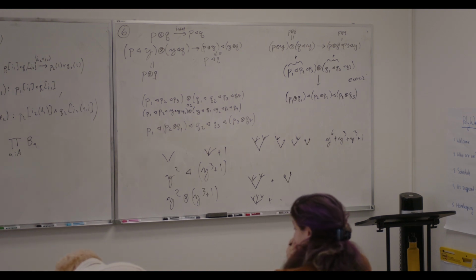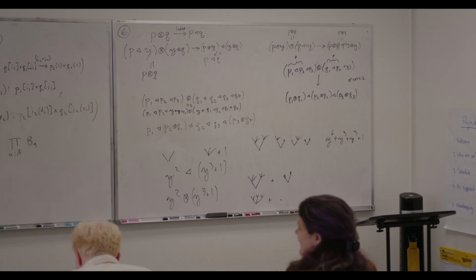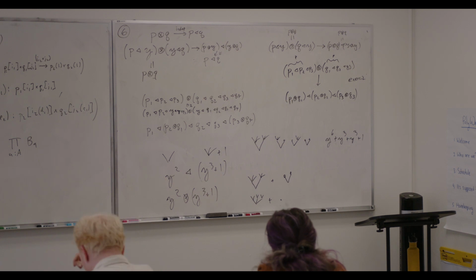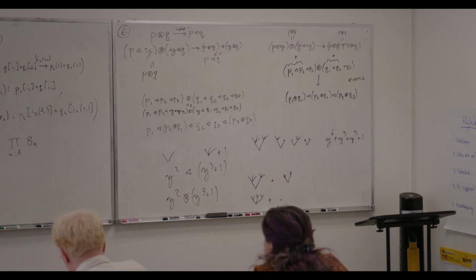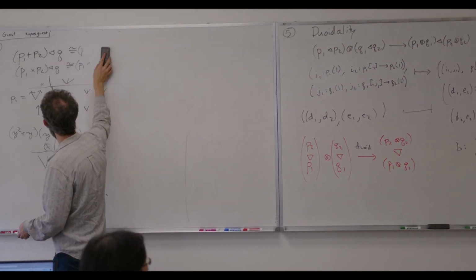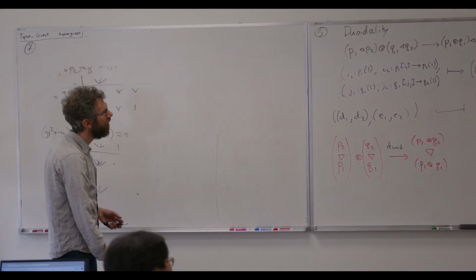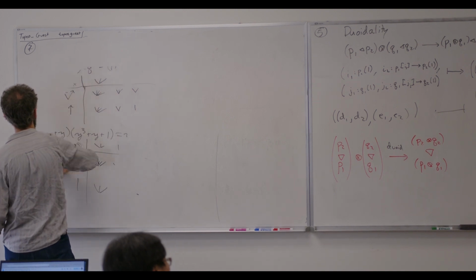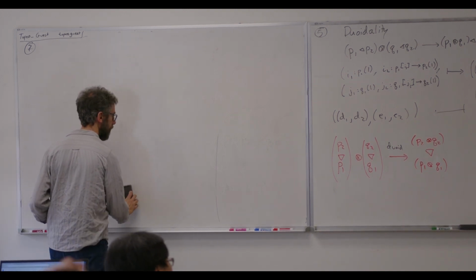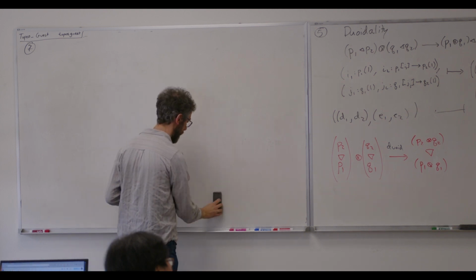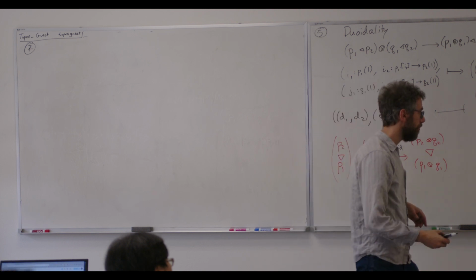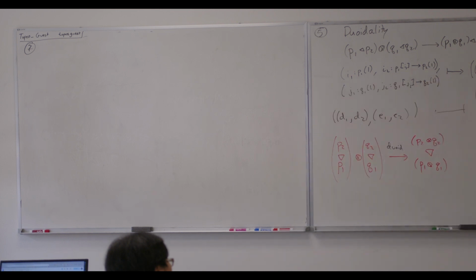If I have polynomial P and I have polynomial Q, I get all combinations by tensoring them, P tensor Q, I get all combinations of those trees, right?